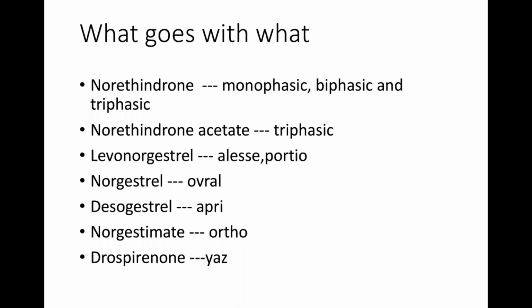In the biphasic, you're going to find that the concentration will differ at the beginning of the cycle and at the end of the cycle, and the triphasic the same: at the beginning and then in the middle of the cycle and then at the end of the cycle, the concentration will be different.